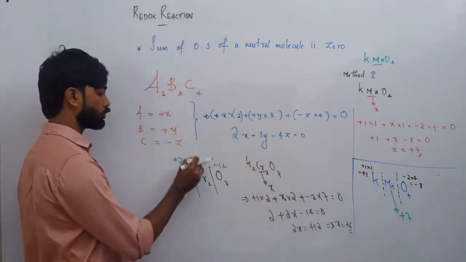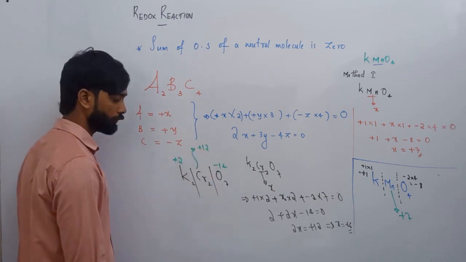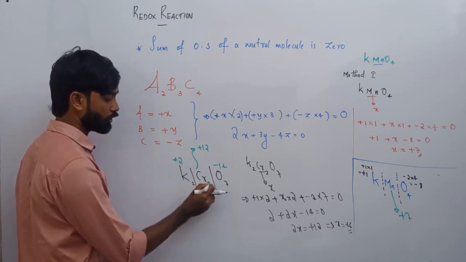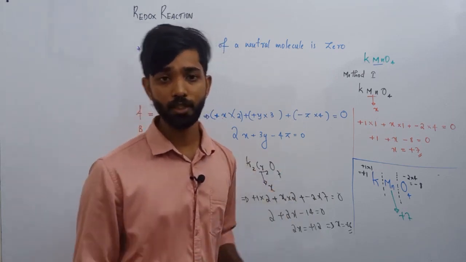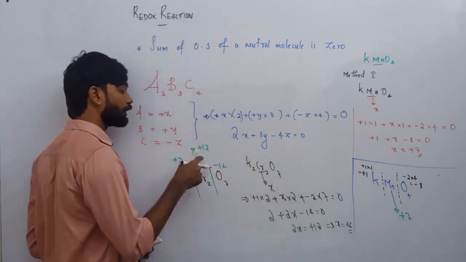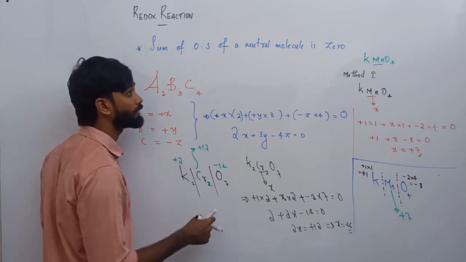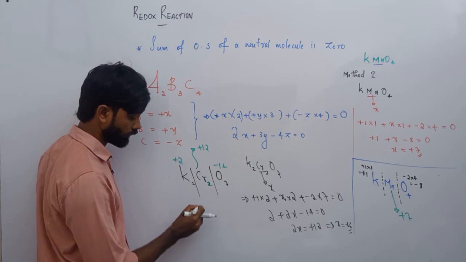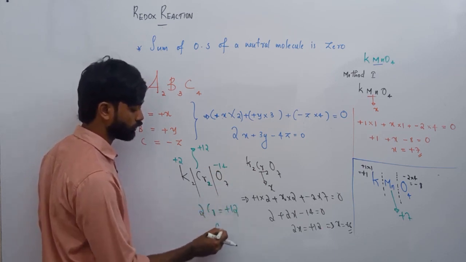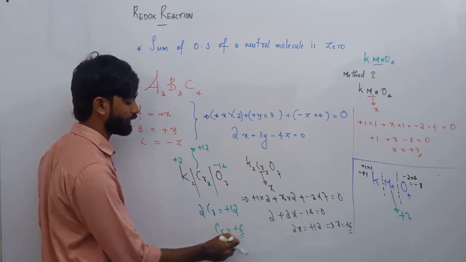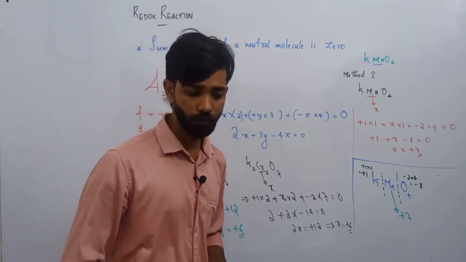That minus 12 should be balanced by chromium, so the chromium part should offer plus 12. But there are 2 chromium, so 1 chromium should offer plus 6. Both answers are the same.